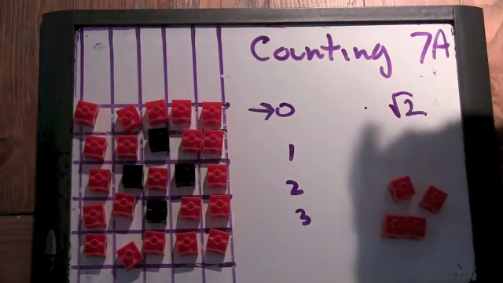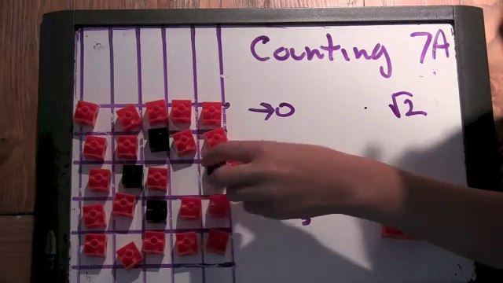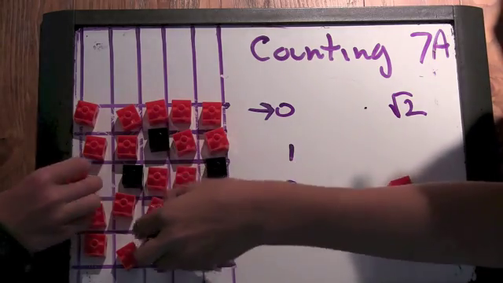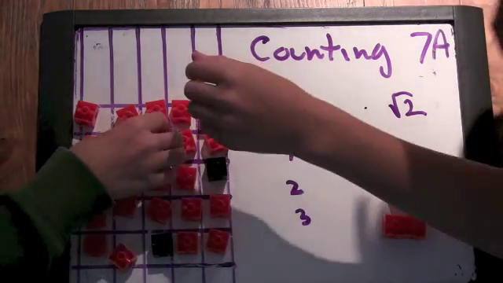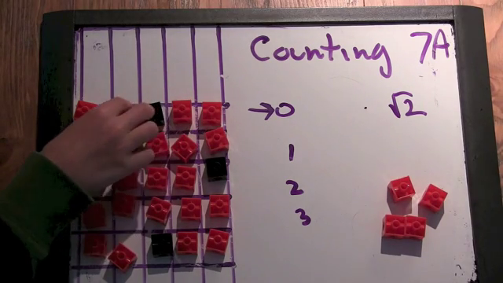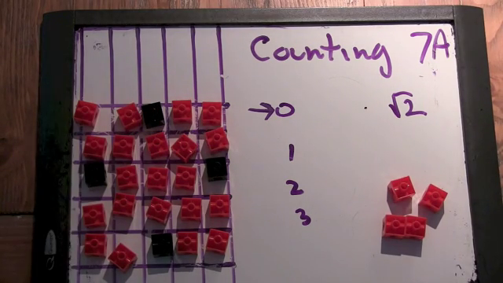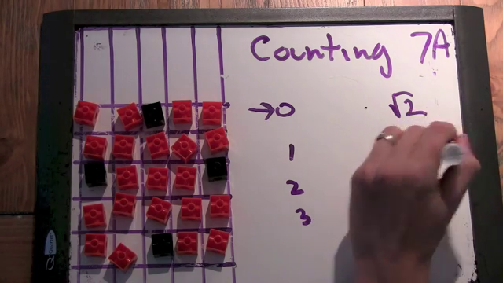Now we can expand this one outward, and we will get this square, which looks like it's a 2 square root of 2. 2 root 2. Alright, so there's a 2 root 2.